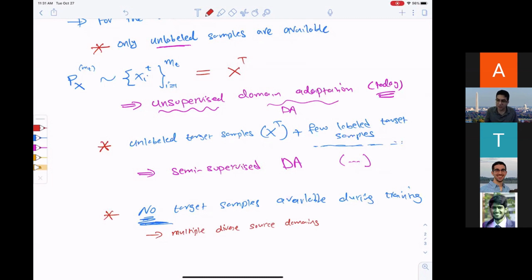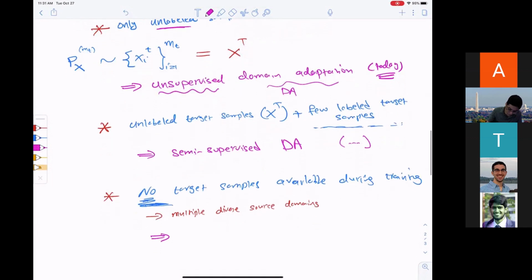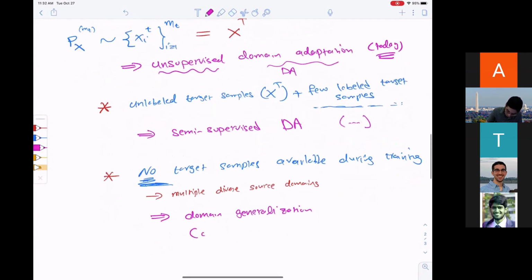If you learn a function that does well on all of these diverse domains, it is likely to generalize well to an unseen domain, but still that domain should be related to at least some of your training source domains. This problem is called domain generalization, or people sometimes refer to this as out of distribution generalization.